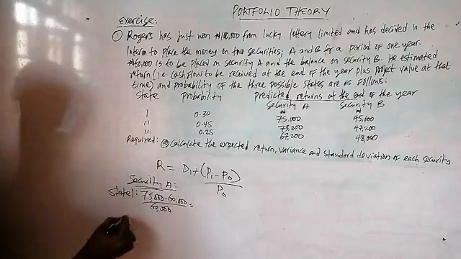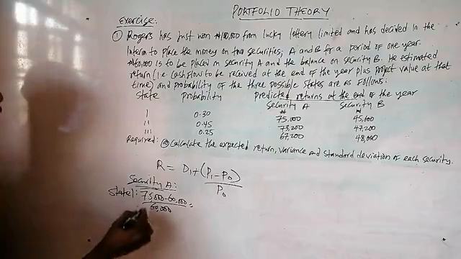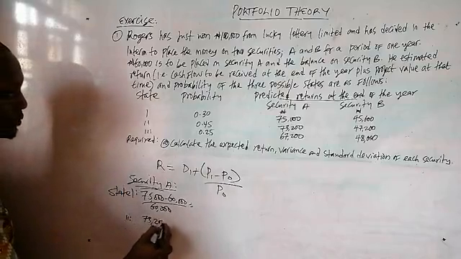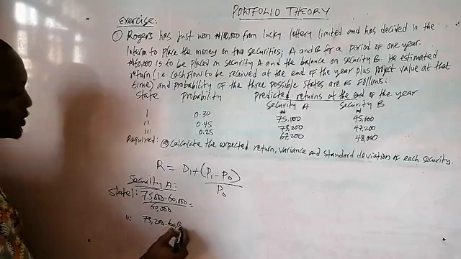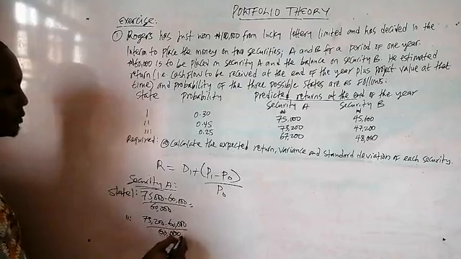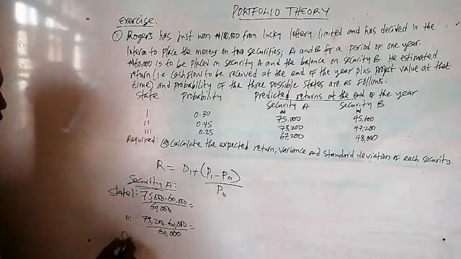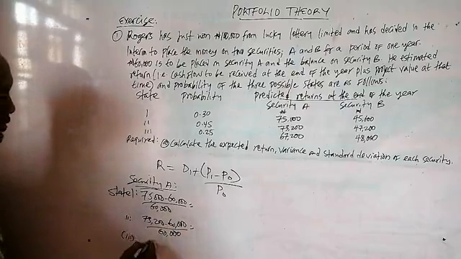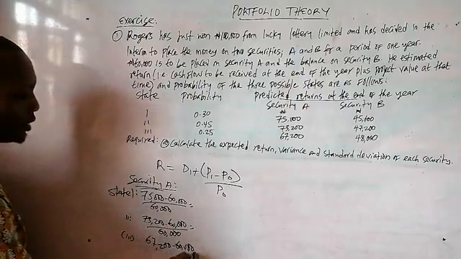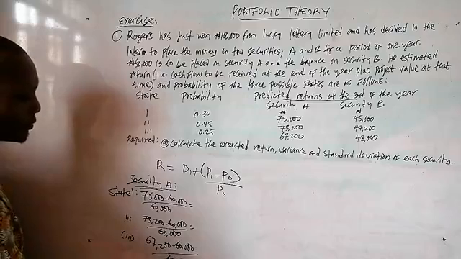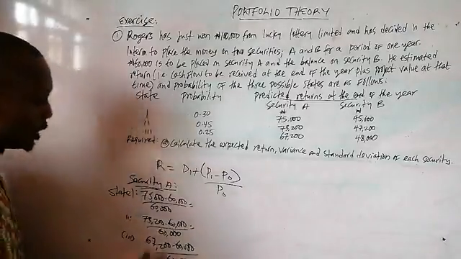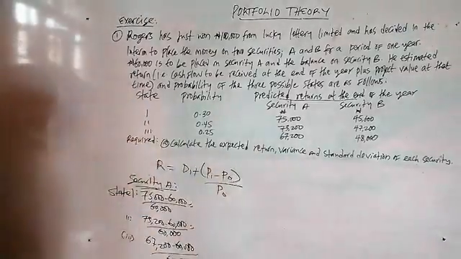For stage 2, we have 73,200 and 60,000, because that's what we invested, all over 60,000. Stage 3, we have 67,200 and 60,000, all over 60,000. So let's compute it and see what we are going to have at the end of the day.